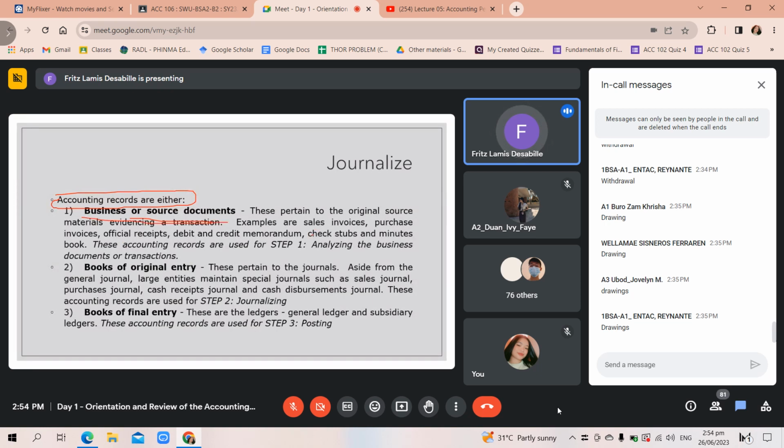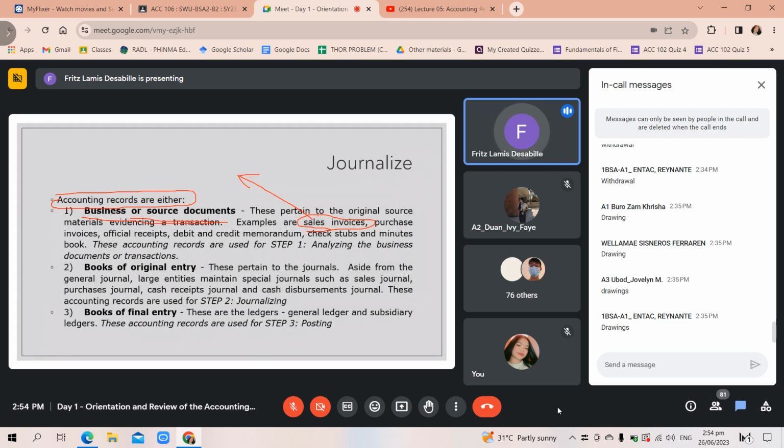Examples of business documents are sales invoices. What do we record from sales invoices? I'm not sure if you are familiar with sales invoices, or those bills, big bills. The bills given to you are their sales invoices. If you have a business, you are familiar with sales invoices.